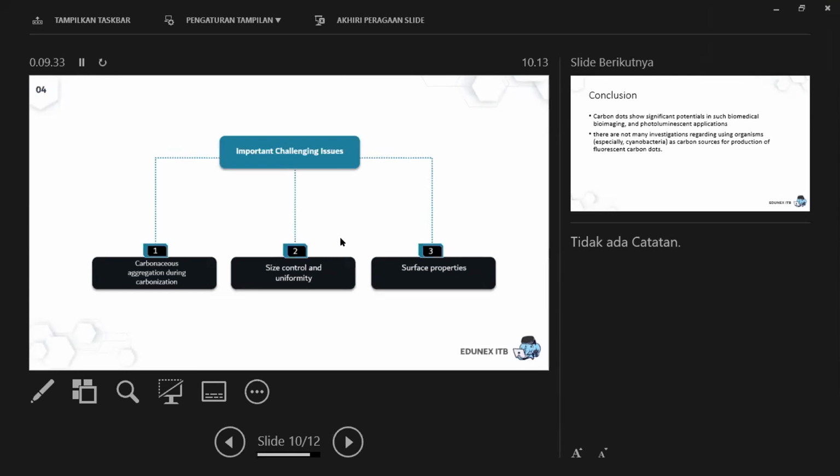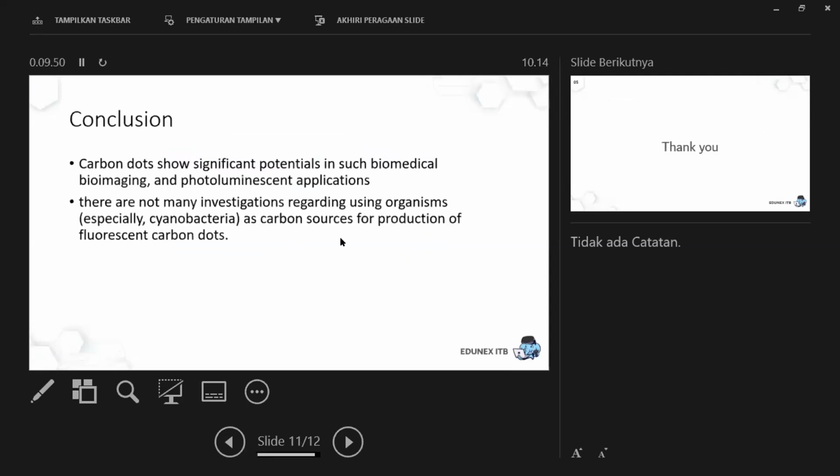Optimized synthetic strategies are also crucial for scaling up the process, and in this context, applying simple, environmentally friendly, and cost-effective techniques is very critical. As a conclusion, quantum dots show significant potential in biomedical, bioimaging, and photoluminescence applications.